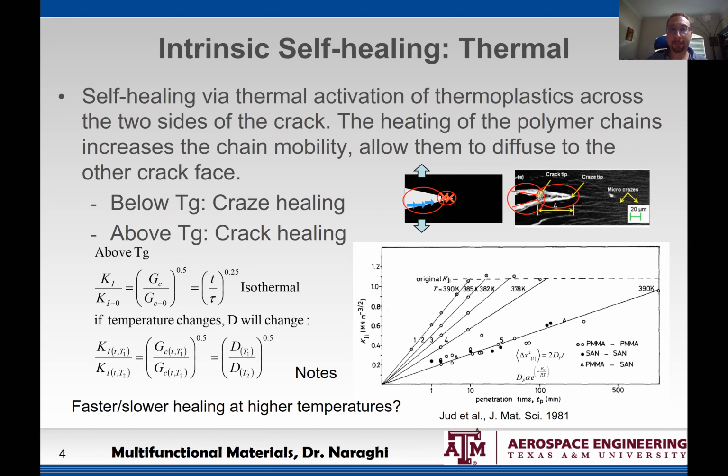So in that sense, this point is the crack tip, whereas this point is the craze tip. And when healing starts, you actually start developing these crazes first, and then it becomes a fully joined interface.